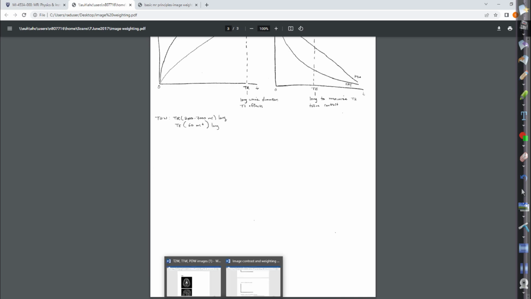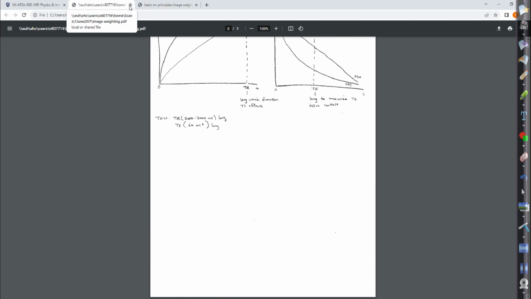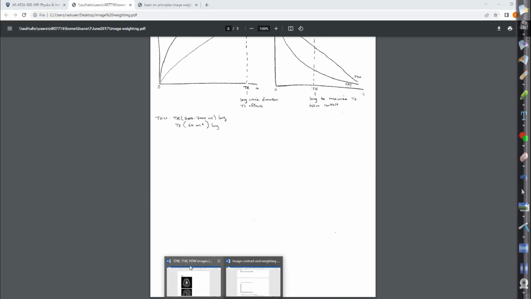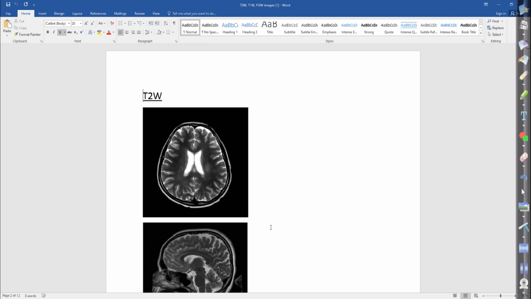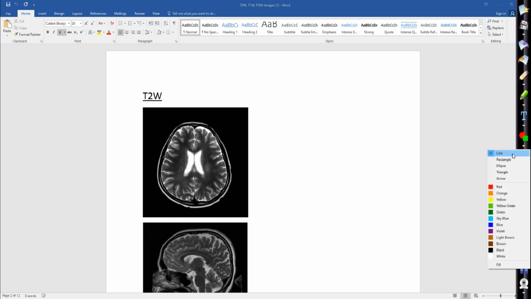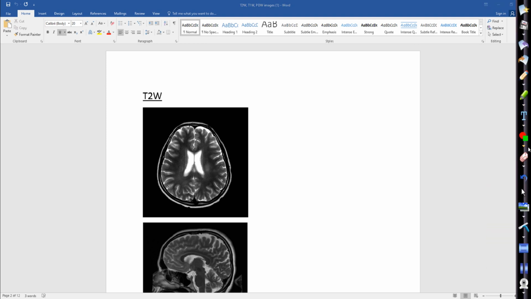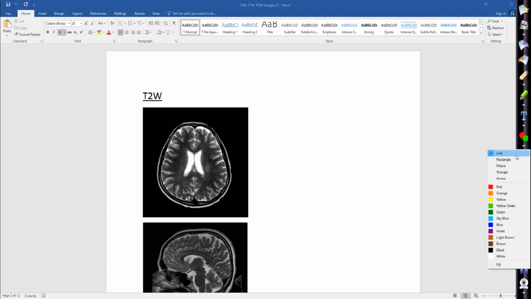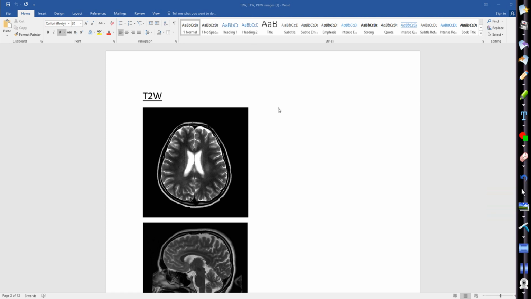All right. So with that being said, let's take a look at our images and kind of draw out our curves with our images. All right, so I'm going to draw my T2 decay curve to correspond with this T2 weighted image.